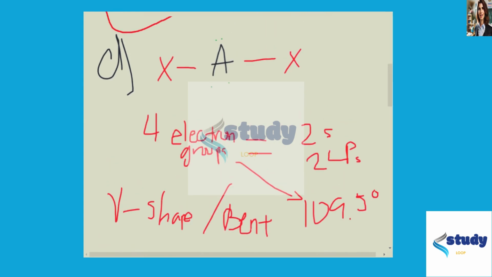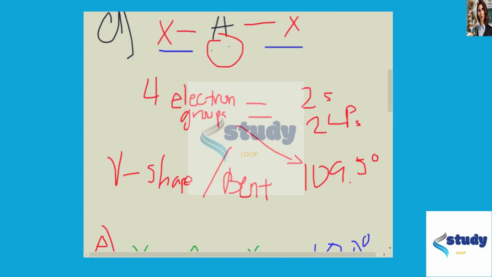So for this one, four electron groups, right? Two lone pairs and two single bonds. Those four electron groups, two singles and two lone pairs, give a V shape, bent.